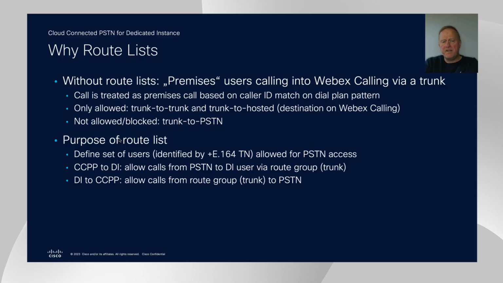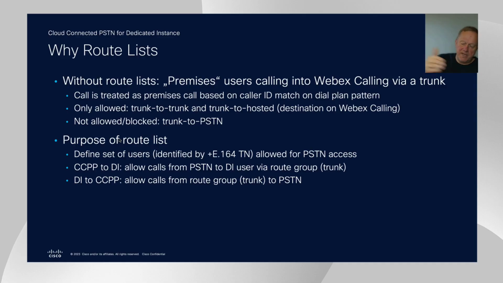So for that, we introduced the concept of a route list. The purpose of a route list is to identify a set of users based on their TNs, based on +E.164 TNs, and then allow PSTN access for calls originating from a trunk to a cloud-connected PSTN provider.